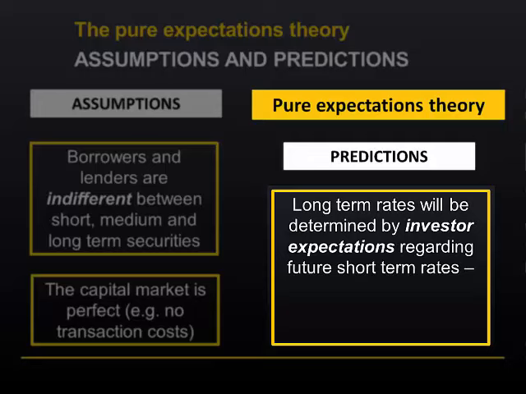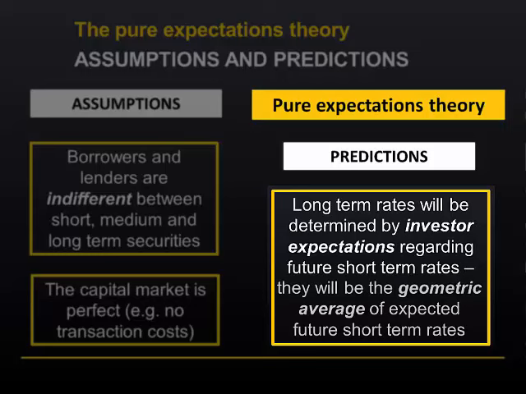Investors will switch between short, medium and long-term securities, and market forces will then act to ensure that there is no easy money to be made. Long-term rates will adjust so that they reflect expected future short-term rates. Specifically, long-term rates will be the geometric average of expected future short-term rates.